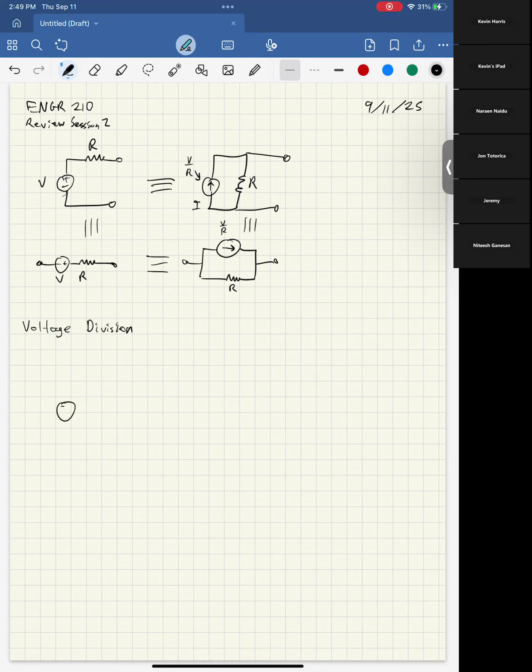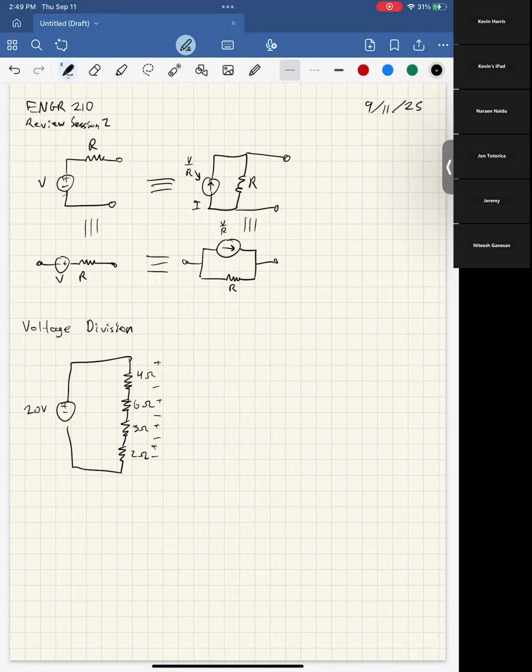Basically, the idea is if we have some voltage source connected to a bunch of resistors, let's say this is 20 volts and this is 4 ohms, 6 ohms, 3 ohms, and this is 2 ohms, and we want to say, okay, what's the voltage across each of these resistors individually?